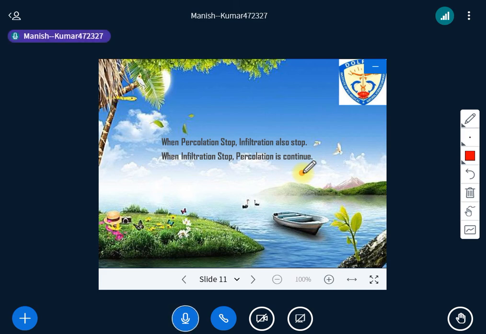infiltration and percolation, right? Now after that we need to understand this statement: when percolation stops, infiltration also stops. When infiltration stops, percolation continues. What is the meaning of this? One should understand. When percolation stops, it means after that layer there is no gap, no rupture, no kind of cracks.